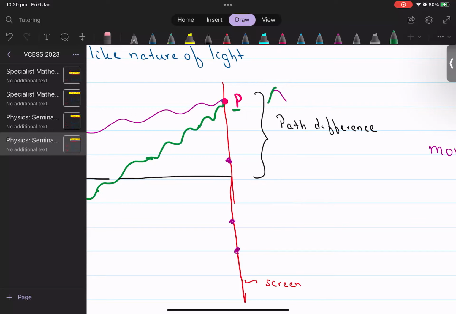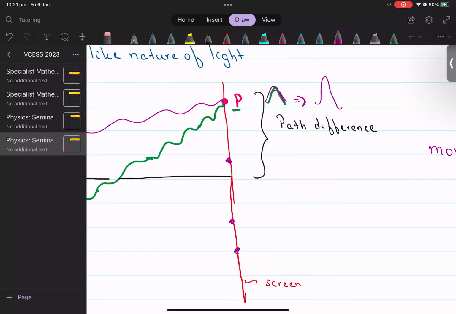We call it in phase with each other. So the purple and the green add together, and so the resulting amplitude is a bigger wave. If two waves of the same size stack up together, they pile up, and the amplitude of the resulting wave is bigger.